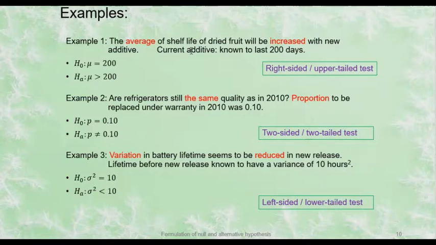So in the past, the variance, again look at the keywords, variation or variance, it means sigma squared in the past was equal to 10, but now the variations in battery lifetimes seem to be reduced, so now the variance is less than 10, so it's a kind of left tail test.